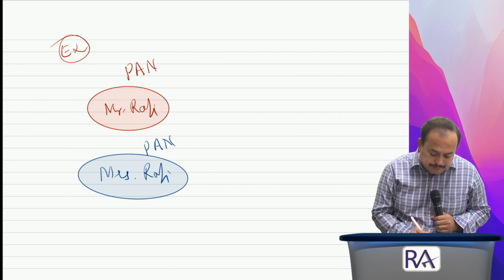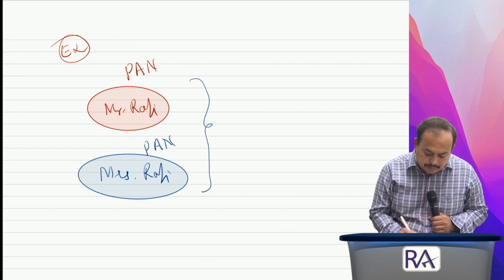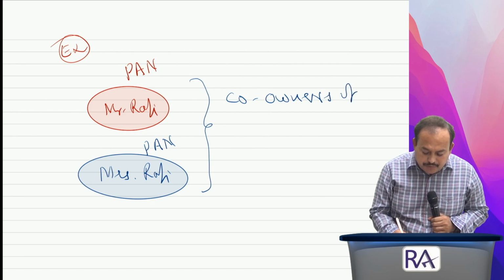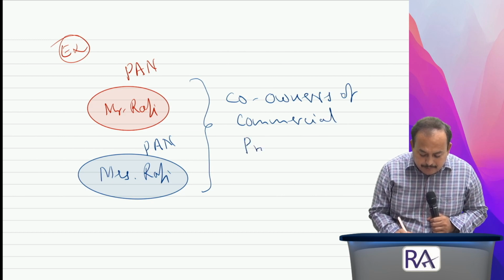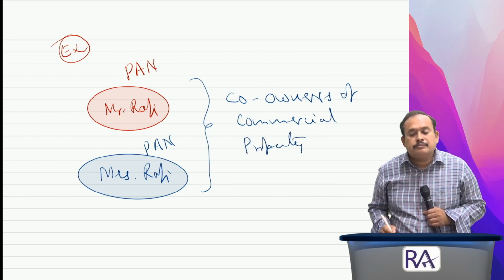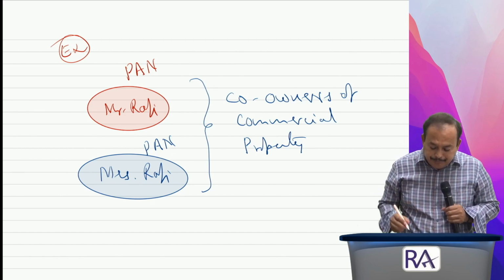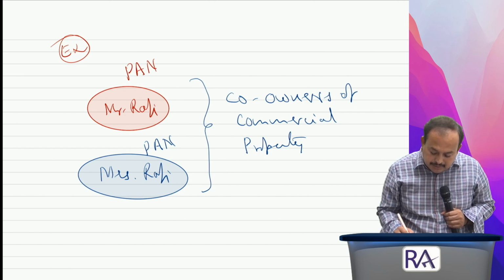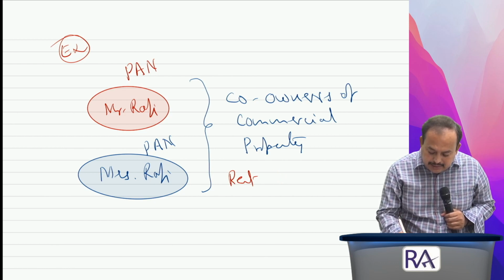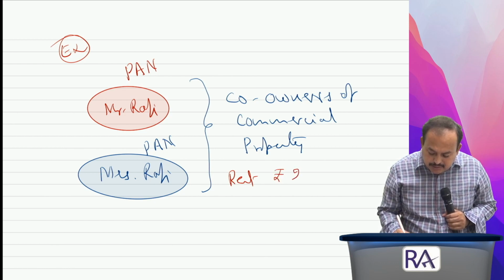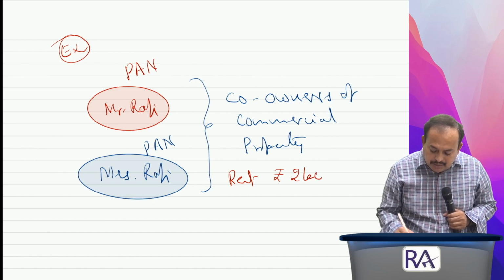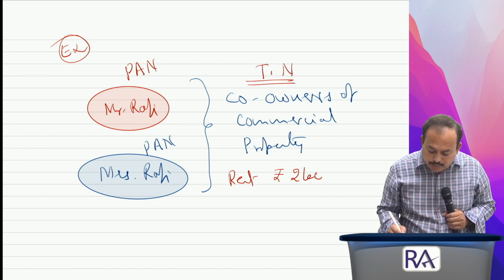Both of them are co-owners of a commercial property. Here, the rent is rupees 2 lakh per month, for a property in Tamil Nadu.